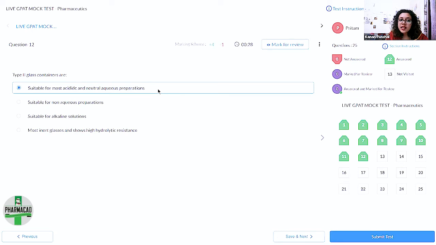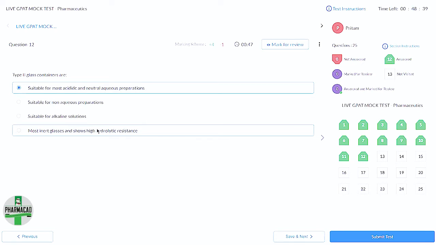Type 2 glass containers are suitable for acidic and neutral aqueous preparations. Okay, not for alkaline, not for non-aqueous. For non-aqueous you will use type 3 or 4. Okay, and I don't know why this is even in the options. Okay? Can we move ahead? Yes, ma'am.